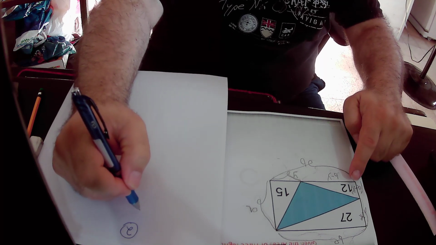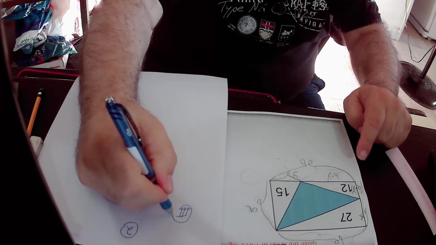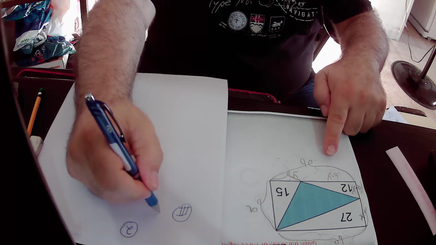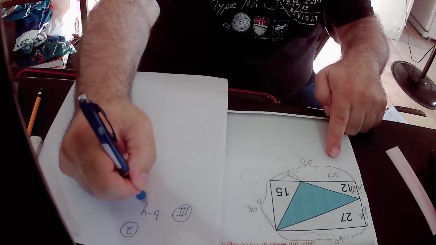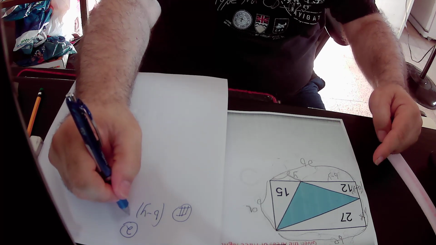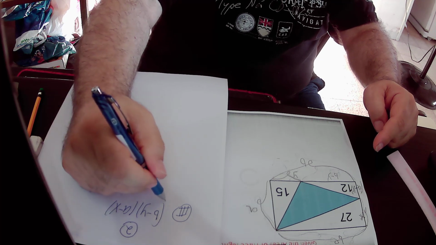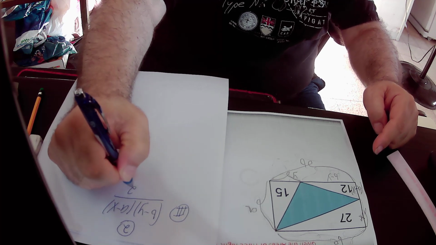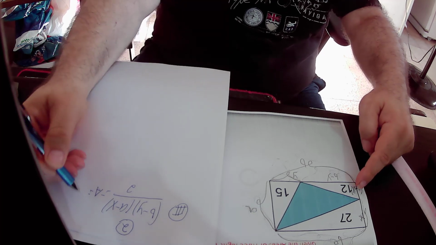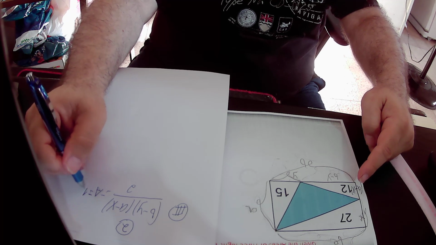Okay, the area of this triangle will be the base of this triangle, that is b minus y, times the height of this triangle, that is a minus x, divided by 2 equals the area of this triangle. But we do know that the area equals 12 units, so we can add that a equals 12.